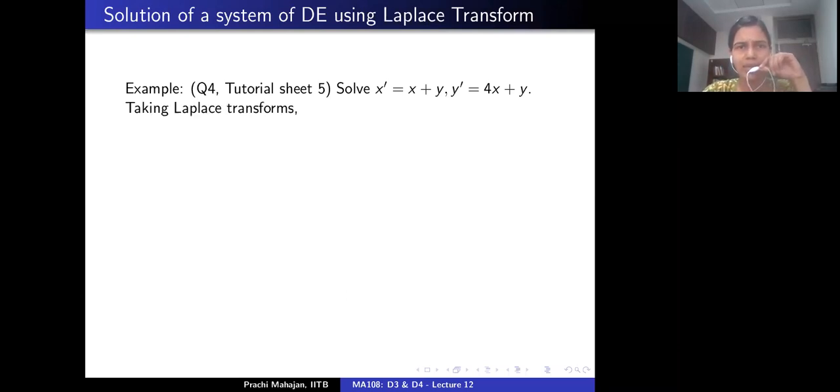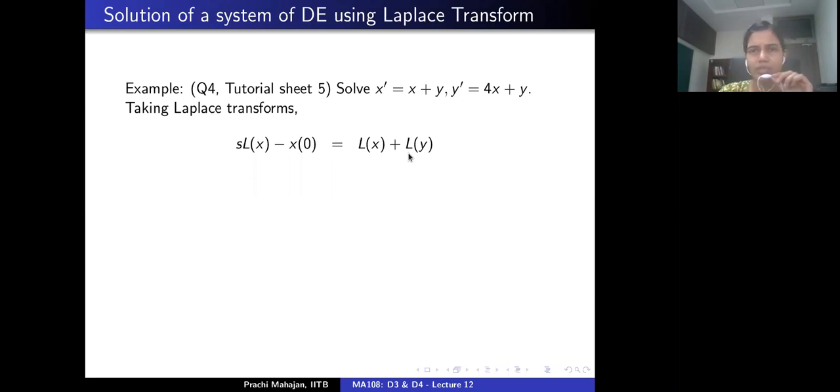Let's apply the method of Laplace transform under the assumption that the hypothesis of the corollary is satisfied. If I apply the Laplace transform to the first equation, I will get s times the Laplace transform of x minus x evaluated at 0. This should be the same as the Laplace transform of x plus the Laplace transform of y.